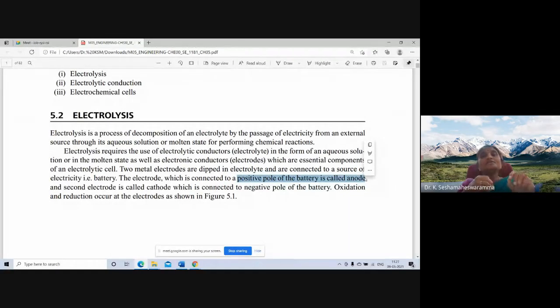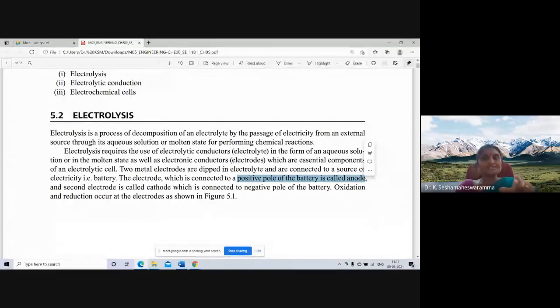The anode having a positive charge attracts anions. The cathode having a negative charge attracts cations. You have to remember, the anode attracts anions, and the cathode attracts cations. The anode has a positive charge, the cathode has a negative charge.